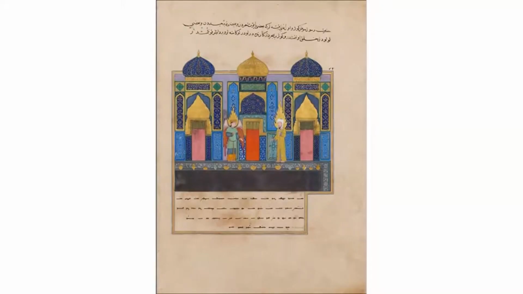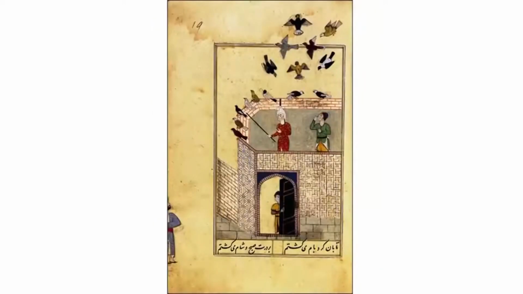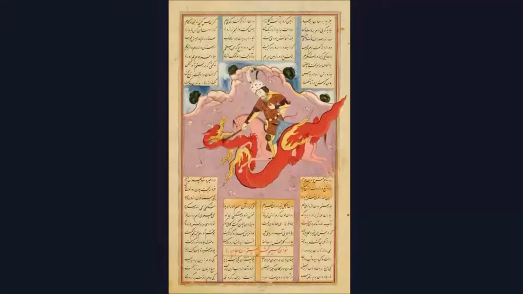You also look at very early examples of Persian paintings like this one, and this one, and this one, and I am sure by now you have been able to notice something. You know what?